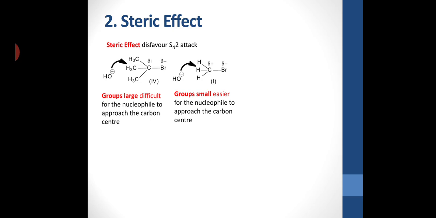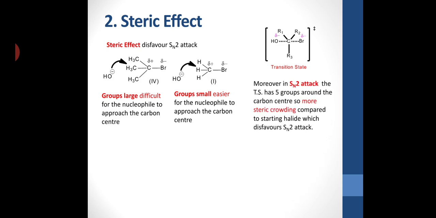Second reason is in SN2 attack, the transition state has 5 groups around the central carbon. So more steric hindrance compared to the starting halide which had 4 groups around the central carbon. This again disfavors SN2 attack.